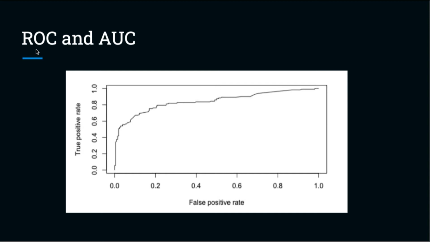The ROC curve visualizes this trade-off between predicting true positives while avoiding false positives. The related metric is AUC, area under the curve here. AUC ranges from 0.5, which would be a classifier with no predictive value, to 1, which would be a perfect classifier.